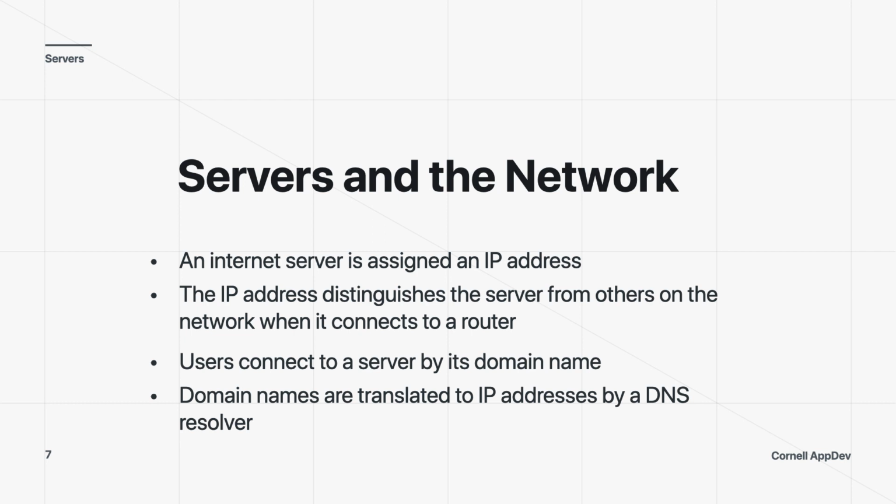So, for example, if you go onto your browser and type google.com, that Google part is the domain name, and it will get translated via the domain name system server into the server's IP address. And this is what allows you as a user to connect to Google Server.